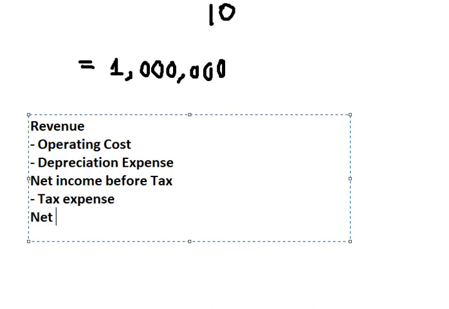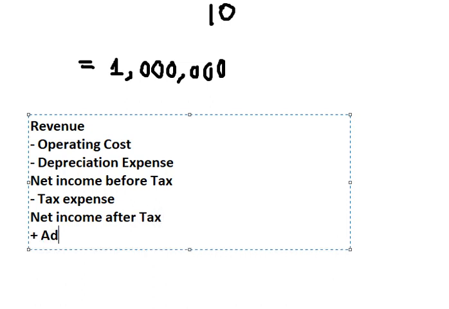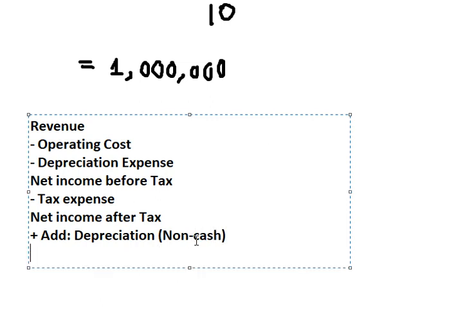So we have net income after tax. And then we need to add back depreciation, because this is non-cash. And then you get operating cash flows.